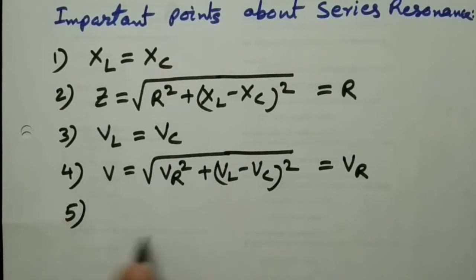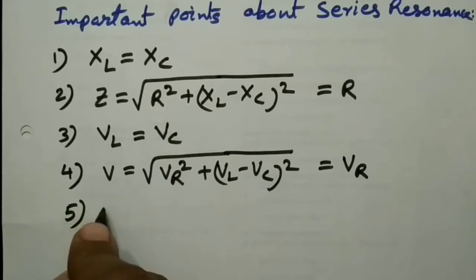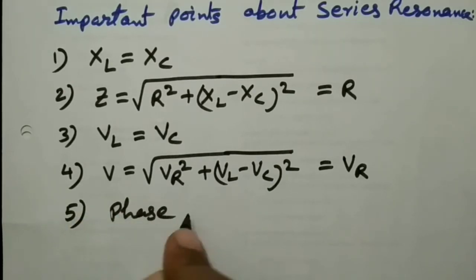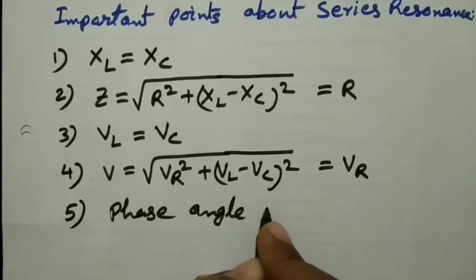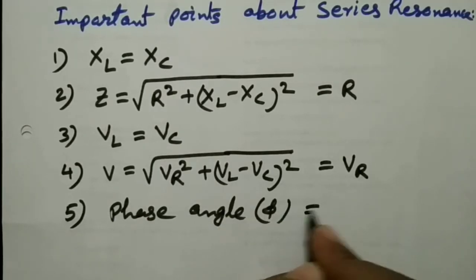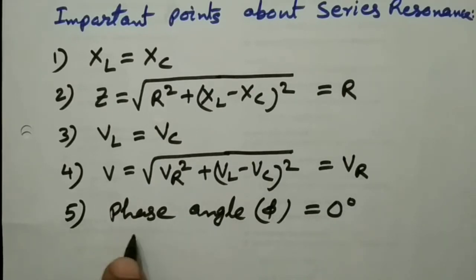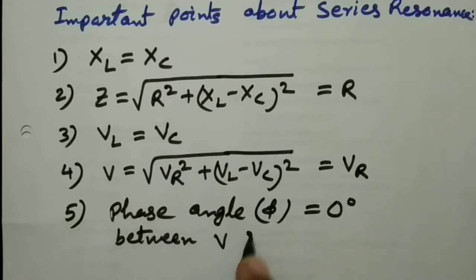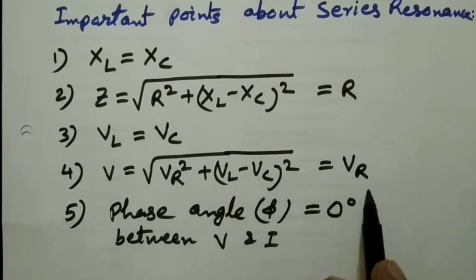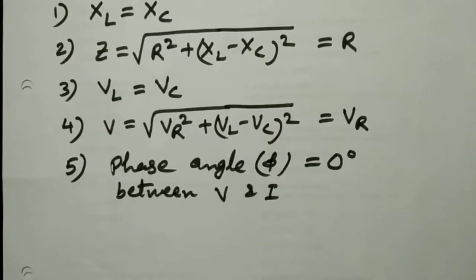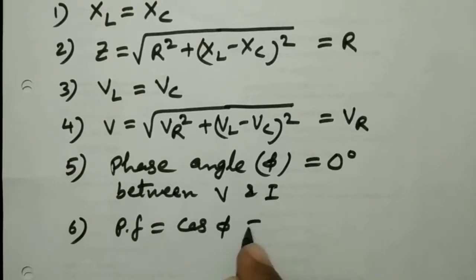So as the voltage drop across the resistance is equal to the supply voltage, therefore the phase angle, that is phi, should be equal to 0 degree. Phase angle between voltage and current should be 0 degree. Remember here V is equal to VR. So as the phase angle is 0, therefore the power factor of the circuit will be 1.